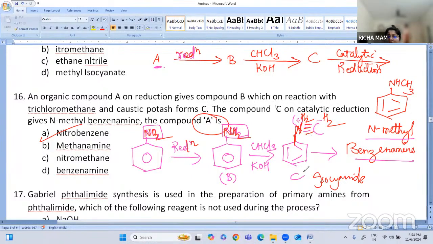On catalytic reduction, we can use hydrogen in the presence of platinum, palladium or nickel to give you N-methyl benzenamide. So option A is the answer.